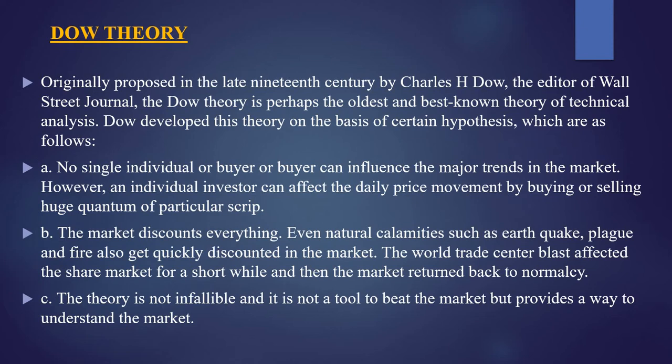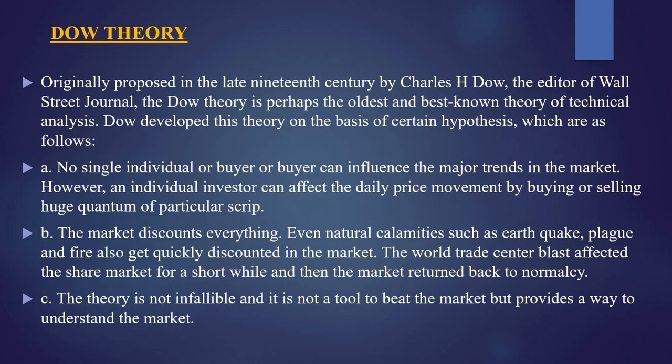The World Trade Center blast affected the share market for a short while and then the market returned back to normal. So even natural calamities affect the market. If an earthquake or tsunami happens, or there are fire accidents, that will also affect the market. But after a certain period of time, the market comes back to normal.